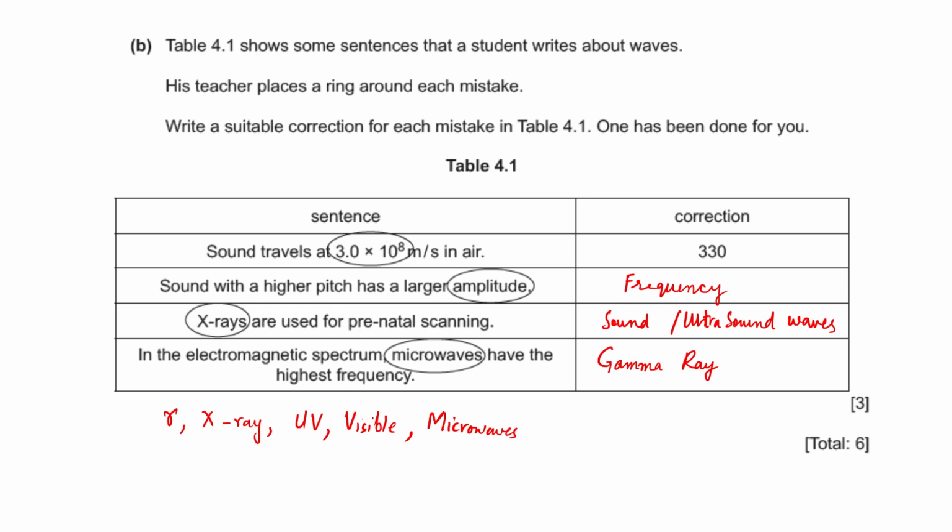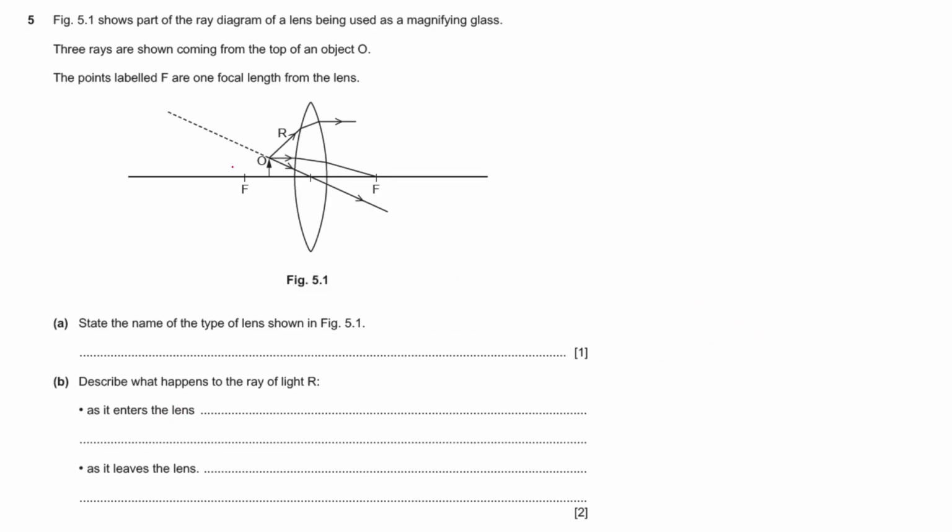So next question. Question number 5 says figure 5.1 shows a ray diagram of a lens being used as a magnifying glass. Three rays are shown coming from the top of an object O. The points labeled F are one focal length from the lens.